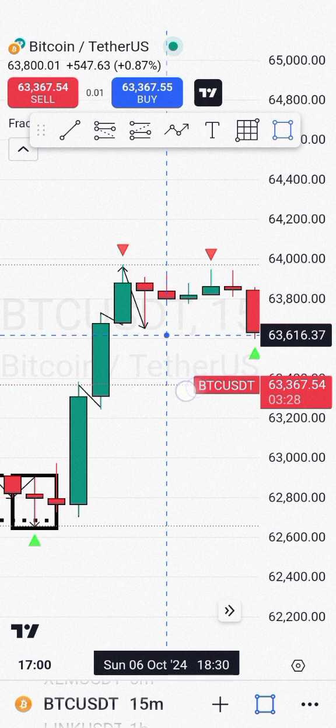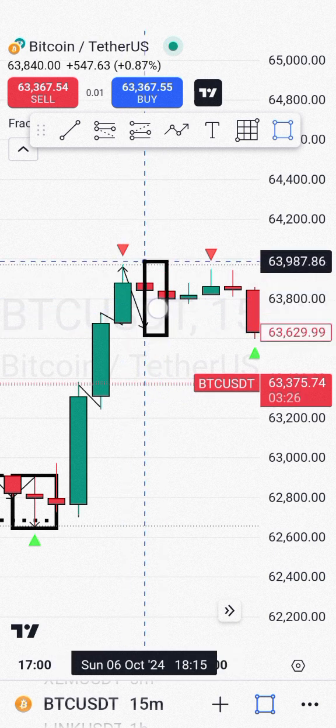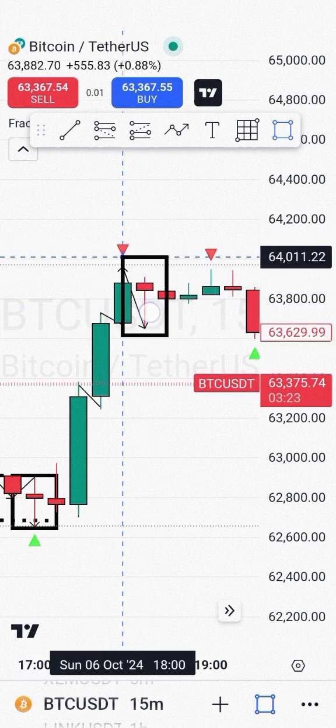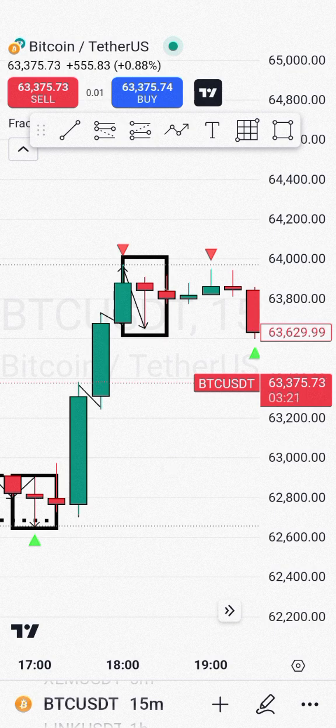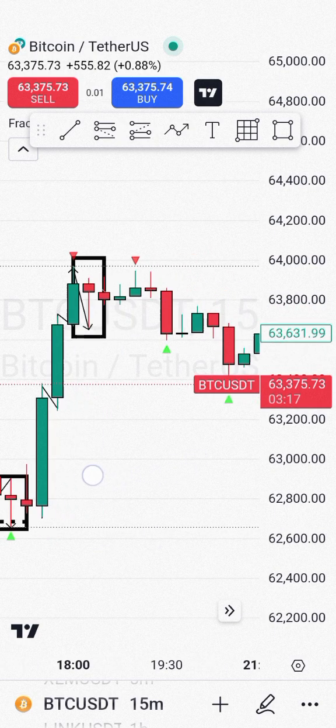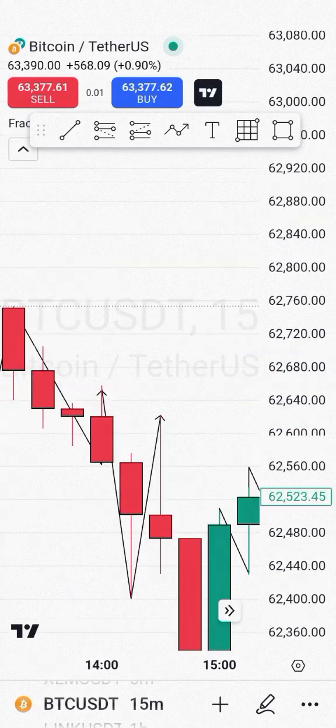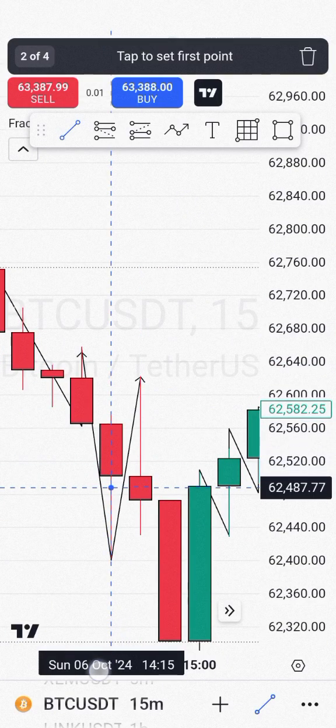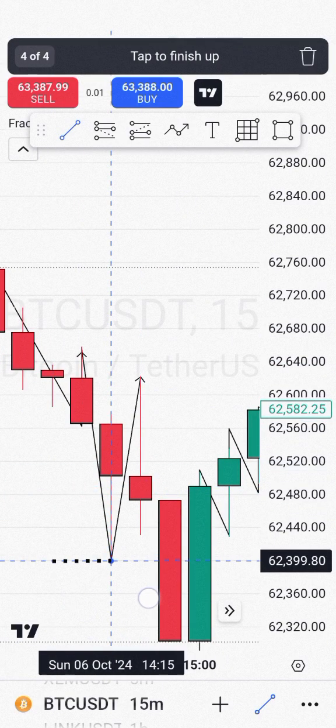So that is a valid pullback. That is a valid pullback right there because it went below the low of the candle that went the highest. Okay, so that is a valid pullback.